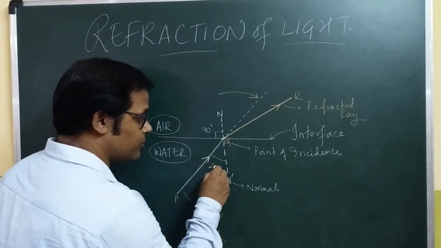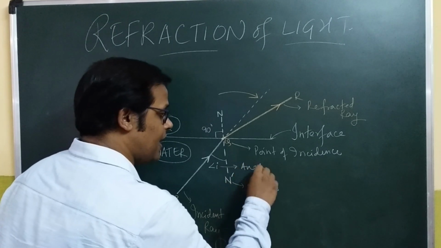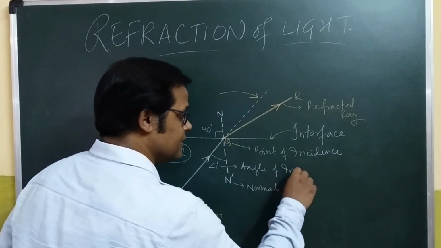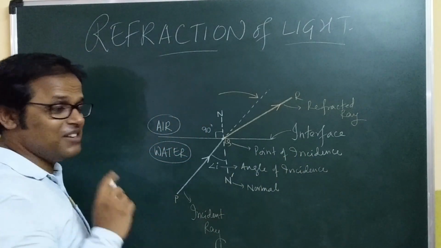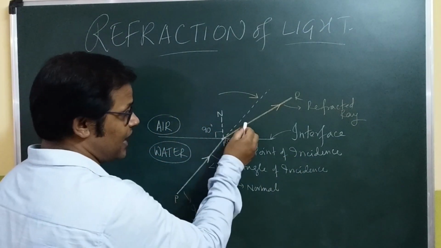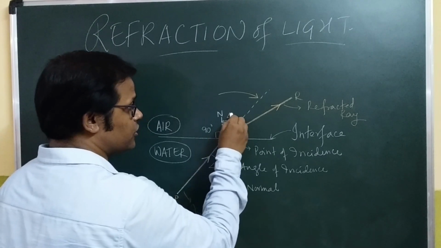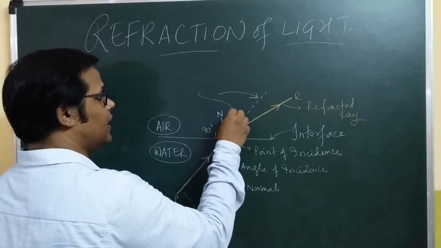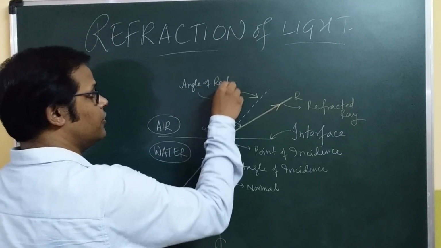So this angle should be called angle I, that is named as the angle of incidence. And similarly, the angle between the normal and the refracted ray is denoted by angle R, and angle R is called the angle of refraction.